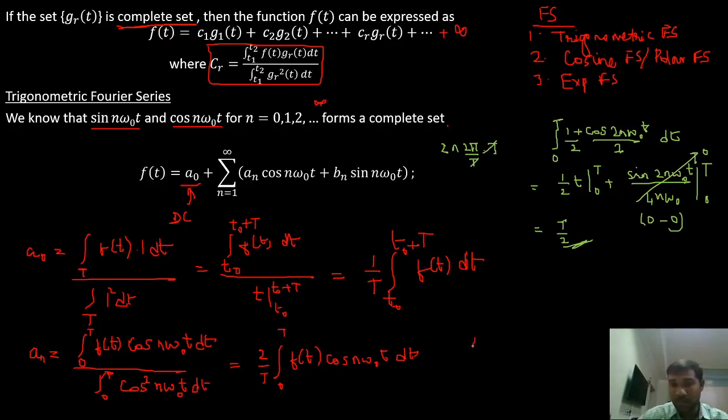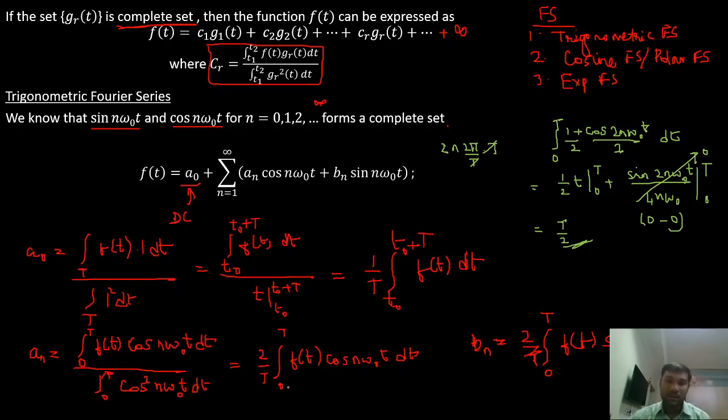Similarly, bn, if I find the value for bn, same steps as an. Instead of cos, we'll have sine. We will get 2 by T integral 0 to T f of t sine n omega naught t dt.